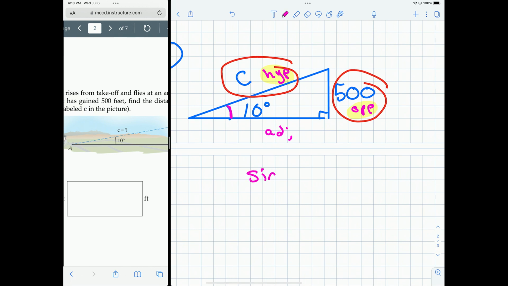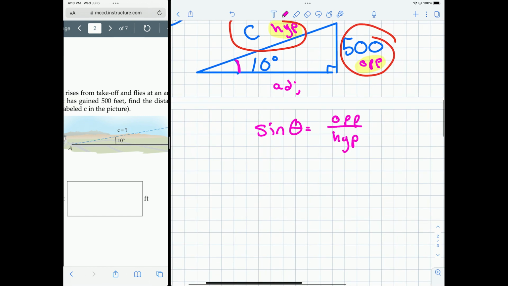So the sine of theta in general is the opposite over the hypotenuse. What you do is fill in what you know. We know the angle is 10 degrees, and we know the opposite side is 500, and the hypotenuse we don't know, but it's called c.